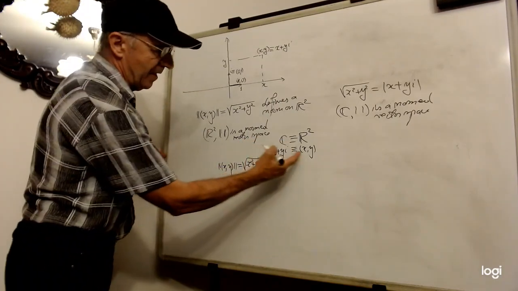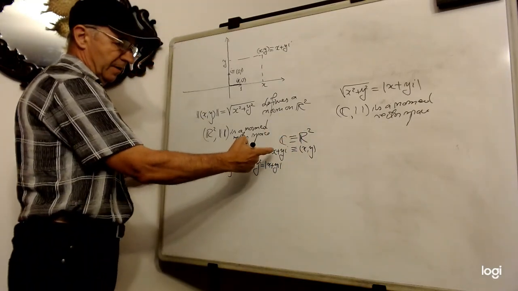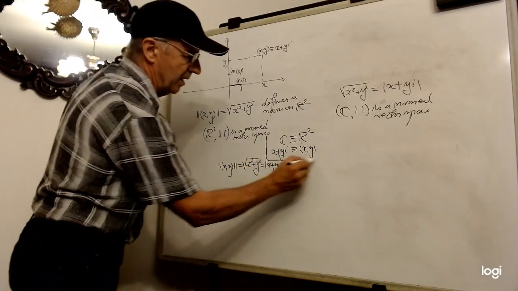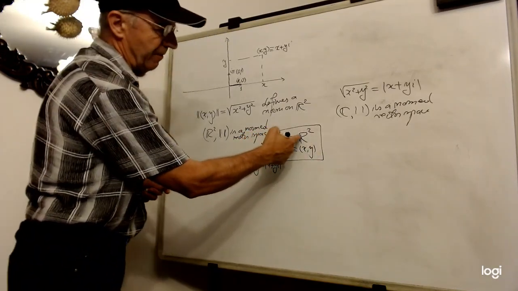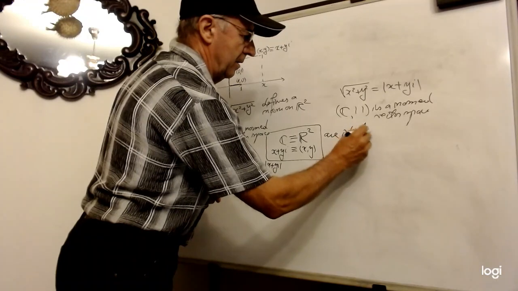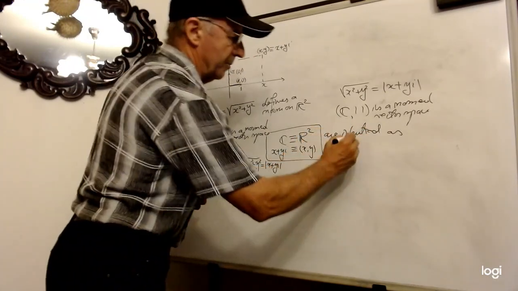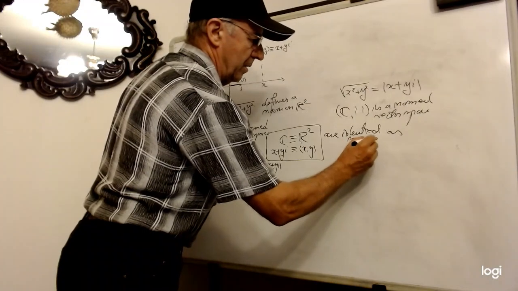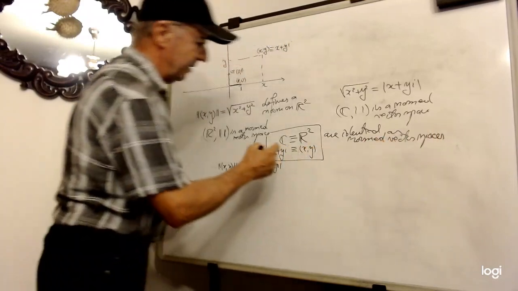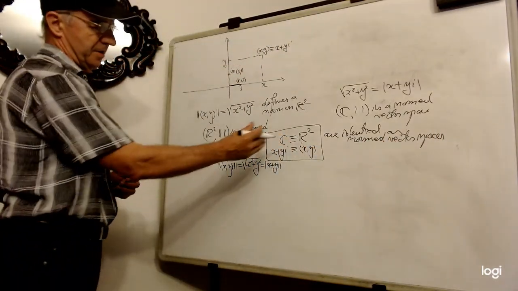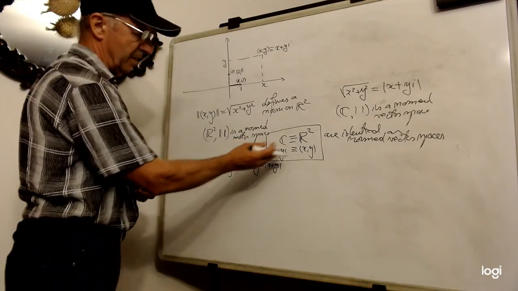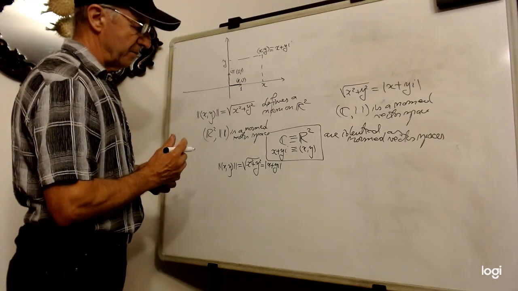We can see that these vectors have the same norm, so C and R2 can be identified as normed vector spaces. They differ just in notation, but the addition, multiplication with the real scalar, and the norm are defined in a very, very similar way.